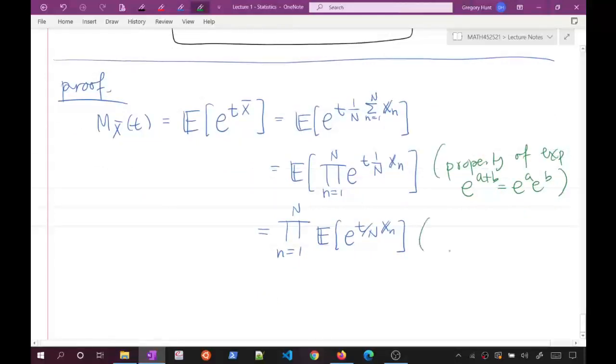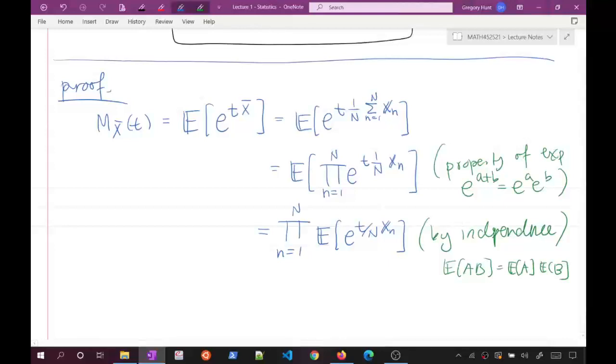This, reaching back to 451 knowledge, is by independence. I can break up the expected value of AB as the expected value of A times the expected value of B if and only if, well, they're uncorrelated. But certainly if they're independent, I can break them up in this way. So if they're independent, which they are, they're a random sample, I can push expected value through.